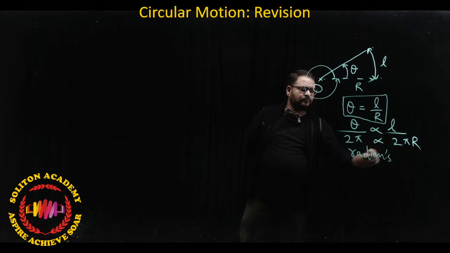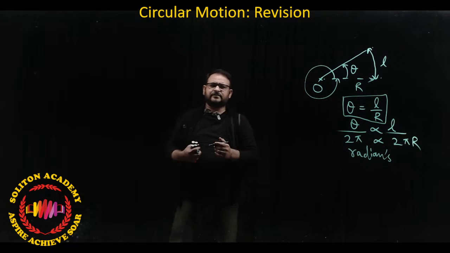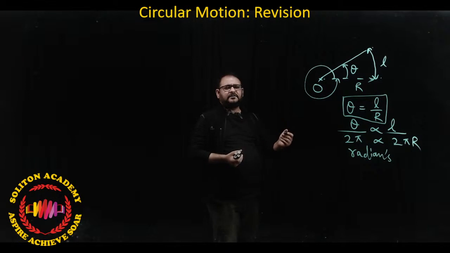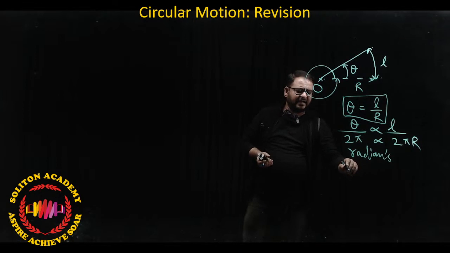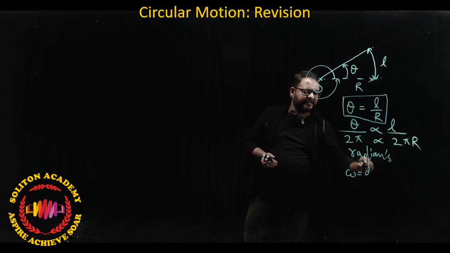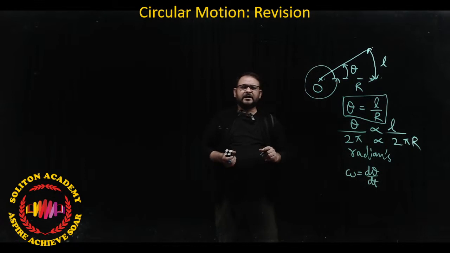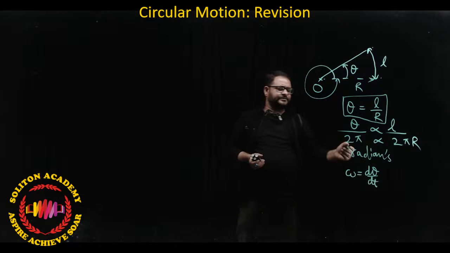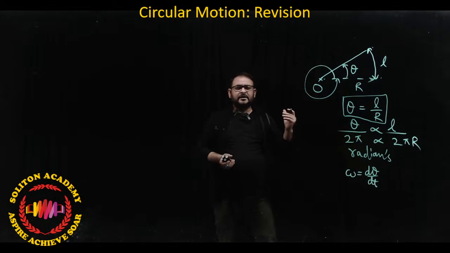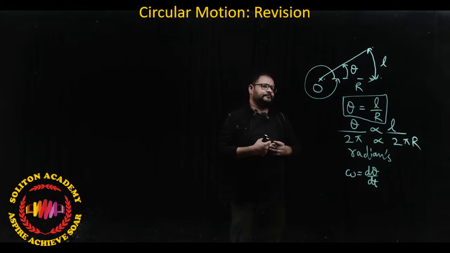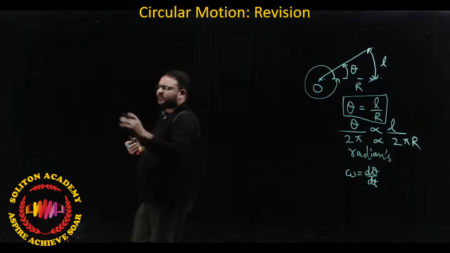Okay, so this is just for the quick revision, and then we can define angular velocity omega as d theta by dt. Right? If angular velocity remains constant, we say uniform circular motion. Okay, now let me make a quick comparison.